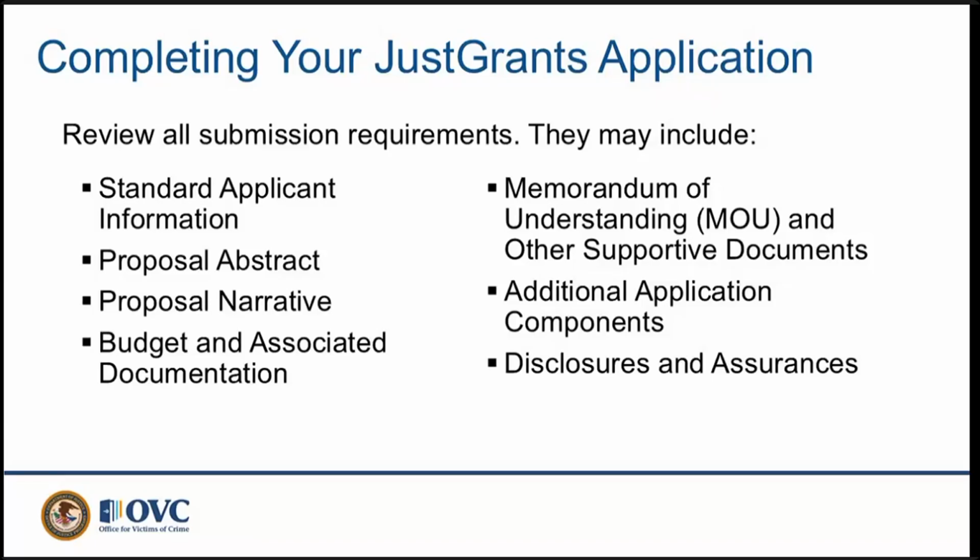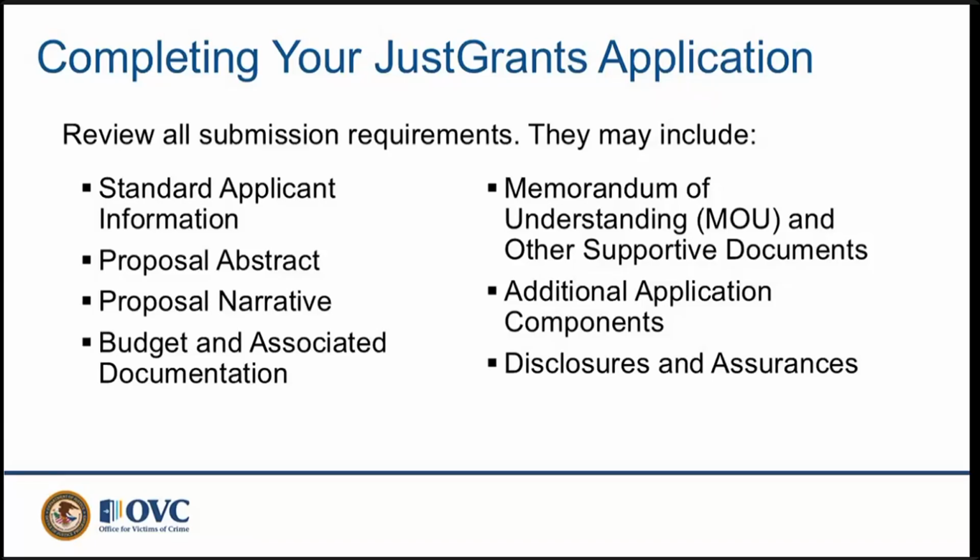Costs should be reasonable and necessary for the proposed project, and the project totals must align across the standard applicant information and the budget and associated documentation sections of the application. Since allowable costs will vary by DOJ program, you should look to the NOFO for more details on allowable and unallowable costs.